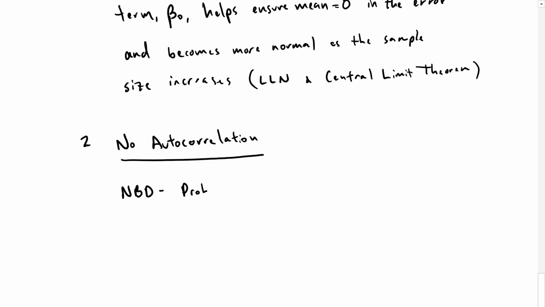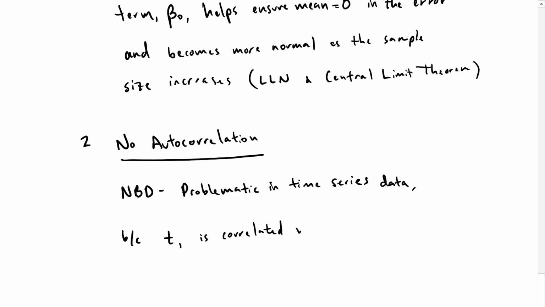It is problematic in time series data, as I discussed in the last video, because what happens in time period 1 is correlated with what happens in time period 2. What happens today is going to affect what happens tomorrow. We also talked about how you can have autocorrelation spatially, spatial autocorrelation, with home prices being correlated with neighbors' home prices.